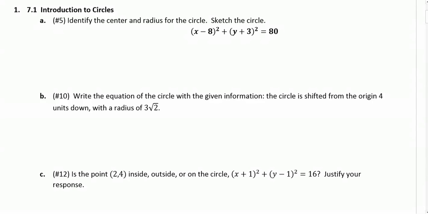This is section 7.1, Introduction to Circles, and for part A, we're looking at number 5 from the homework. Here we're identifying the center and the radius.